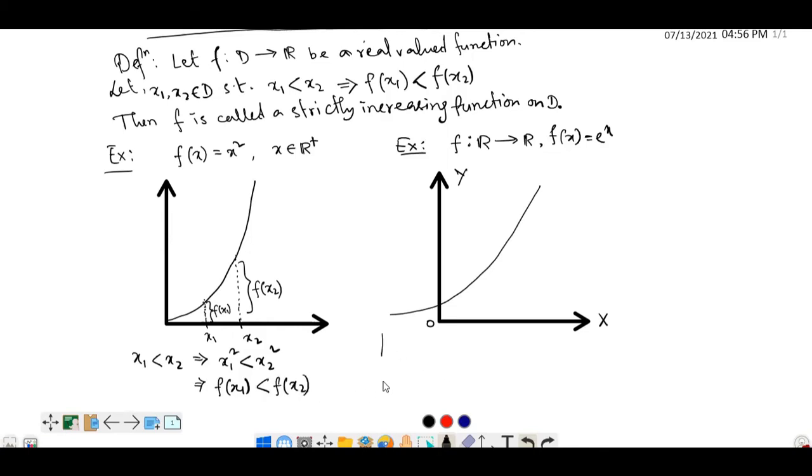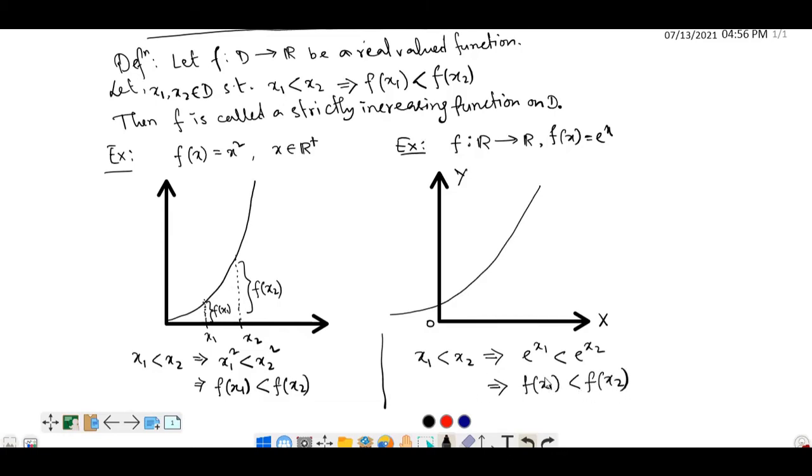And also here you can say that if x1, x2 belongs to R, the domain is R, so x1, x2 must be from R. So if we take x1 less than x2, then we can easily say that e to the power x1 is less than e to the power x2, and this means f of x1 is strictly less than f of x2.